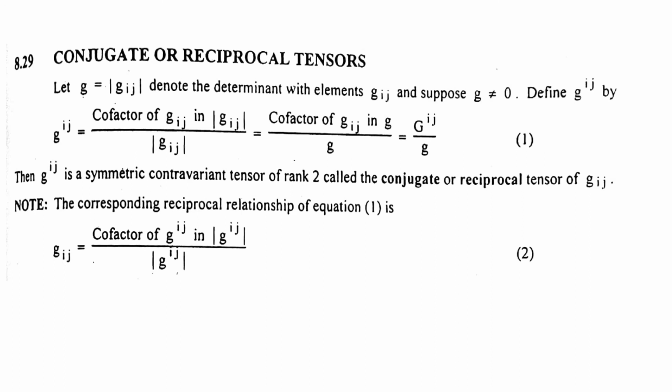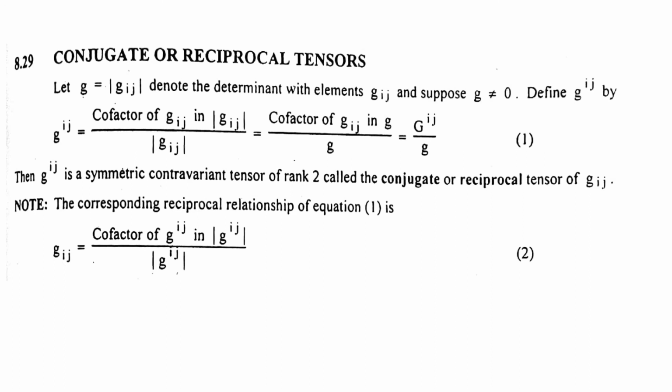Defining g^ij by g^ij = cofactor of gij in g over g, it is an equivalent form. We call this equation number 1.